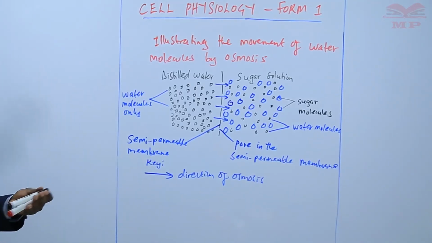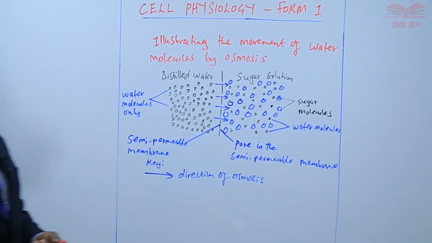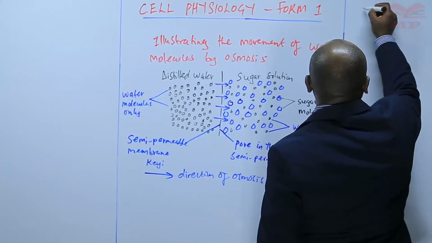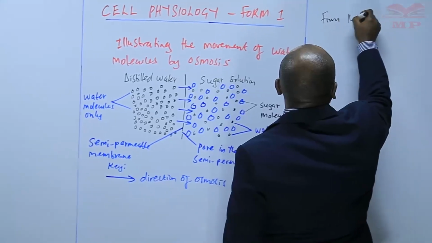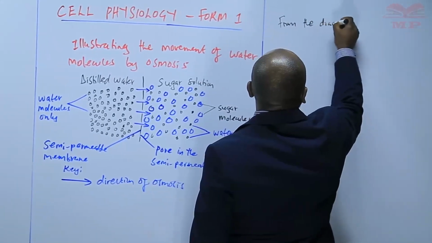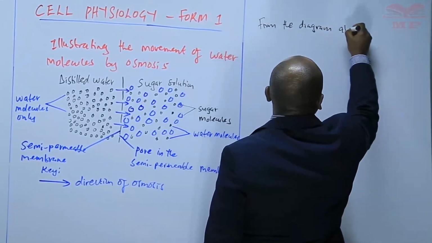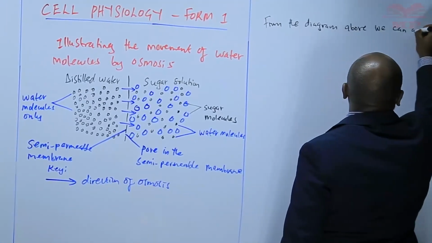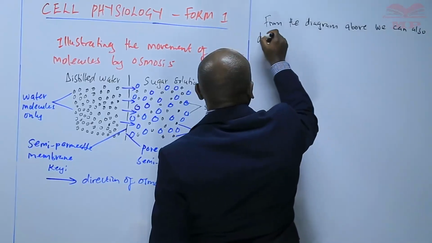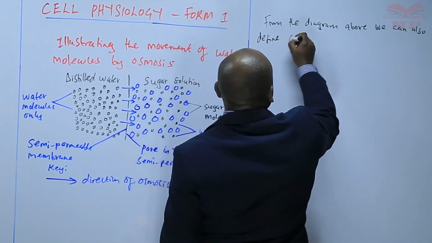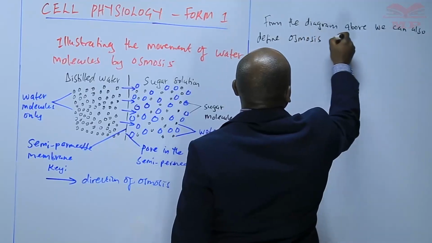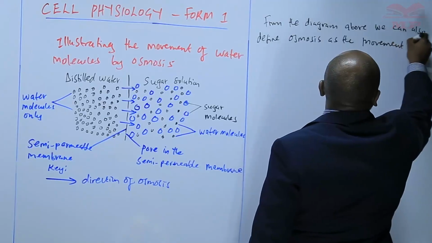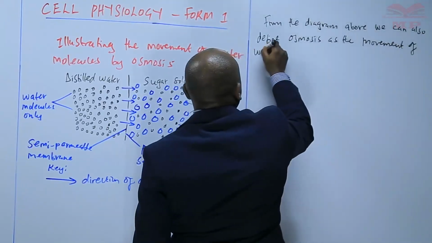Now, from that, we can still come up with another definition of osmosis from the diagram above. We can also define osmosis as the movement of water molecules.